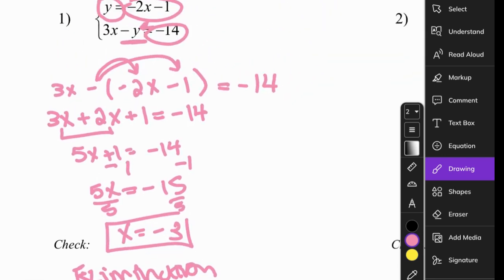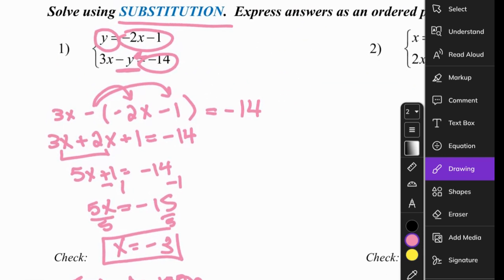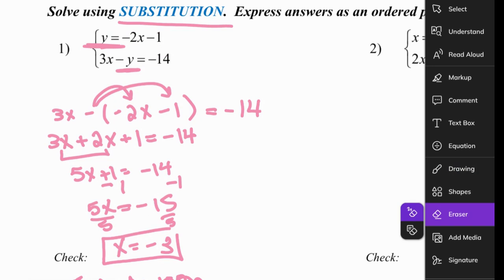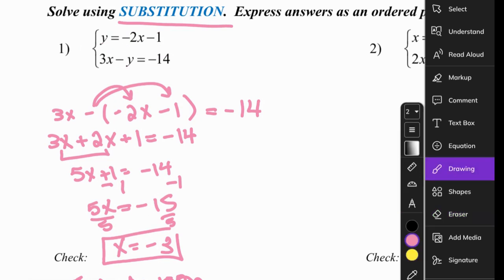Now, even though you've gotten an answer, this is not your final answer, because we still have another variable up here that we have to solve for. So what we're going to do is take this first equation and write it as normal, so y equals negative 2, and stop at the x, because now that we know what the x is equal to, we're going to plug that in for the x of the first equation, and then the rest.